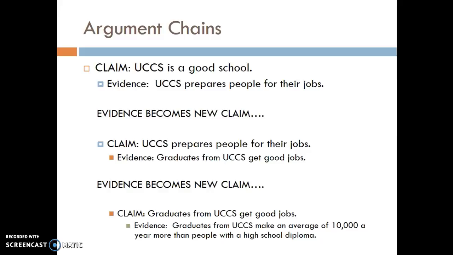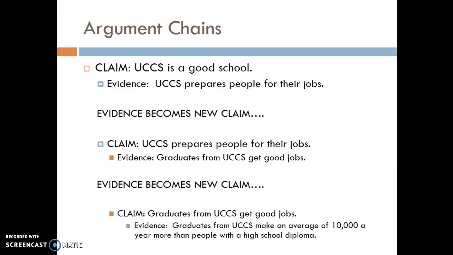So for instance, the claim that UCCS is a good school could be proved by a statement like "UCCS prepares people for their jobs." But do we believe that statement? Do we believe that UCCS prepares people for their jobs? As soon as we begin to question, as soon as we wonder, that becomes a claim that needs evidence to prove it. So this has now become a claim, which is "UCCS prepares people for their jobs," and we can provide some evidence for that, like "graduates from UCCS get good jobs."